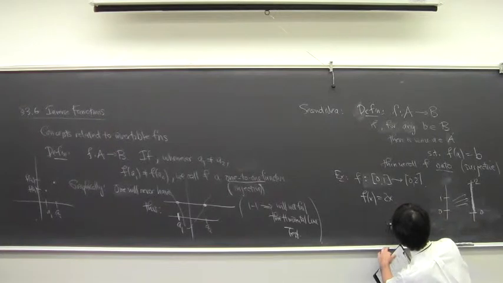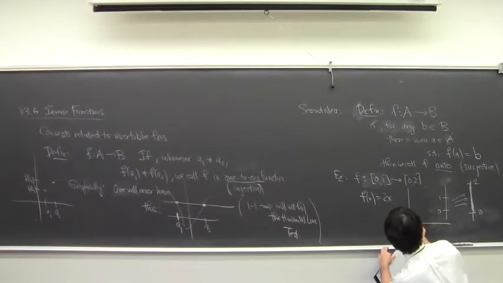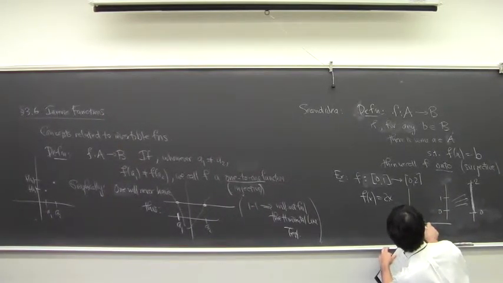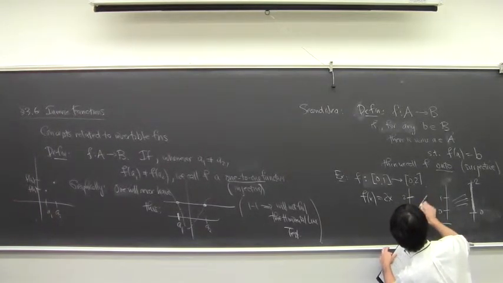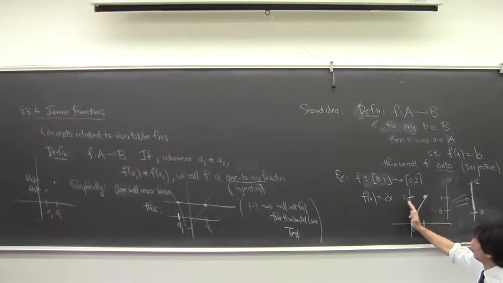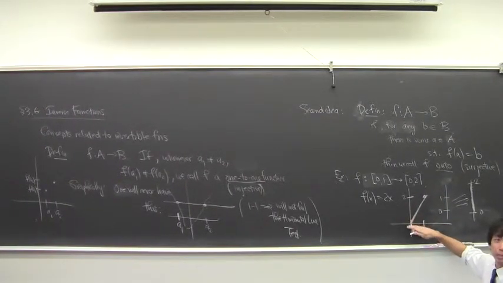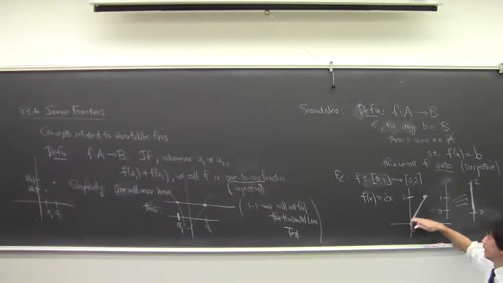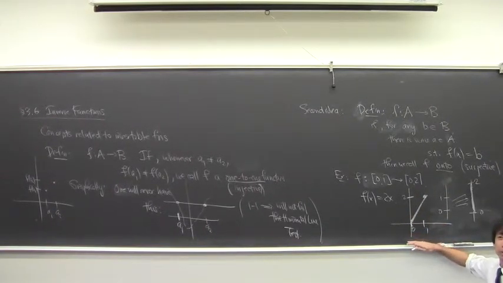Or if you're thinking about this as a graph, here's 0, 1 down here, here's 0, 2 up here. And you notice that we hit every single value between 0 and 2.